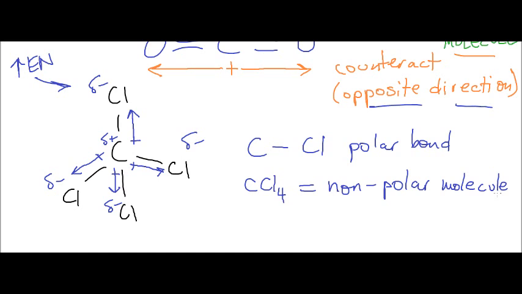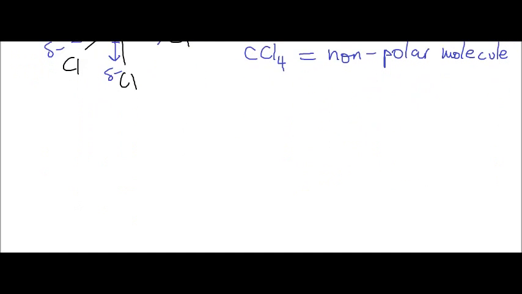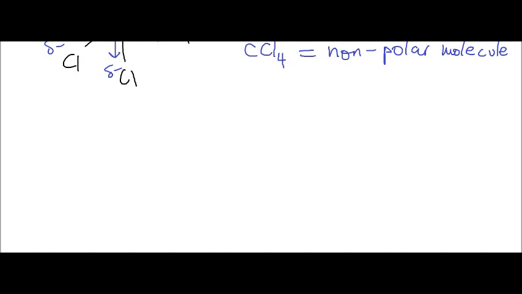All right, so let's look at ones that are considered polar. Let's look at the ever famous water molecule. The oxygen here is slightly negative, the hydrogen being slightly positive.